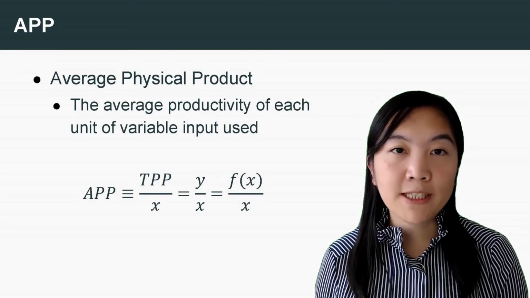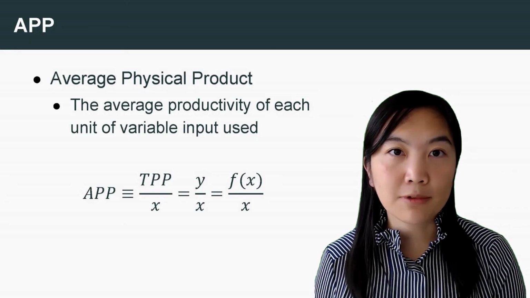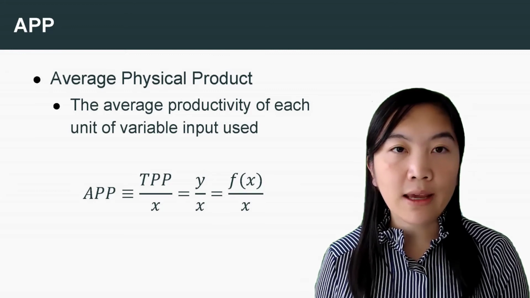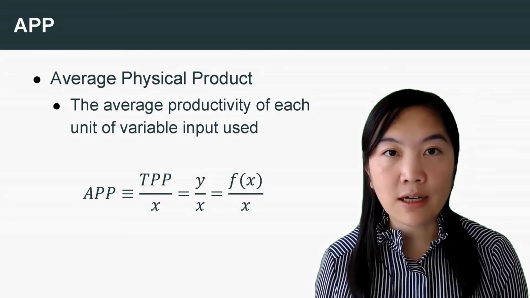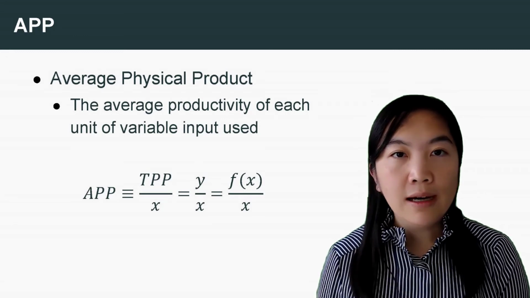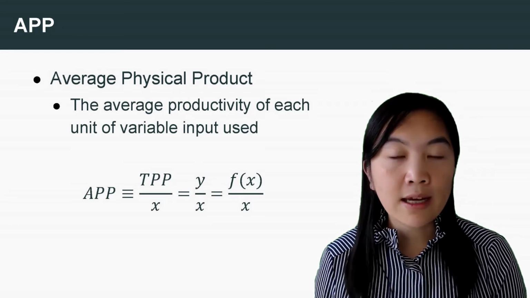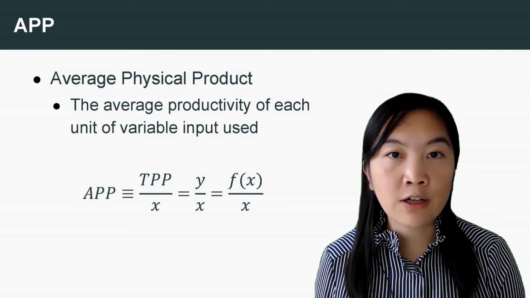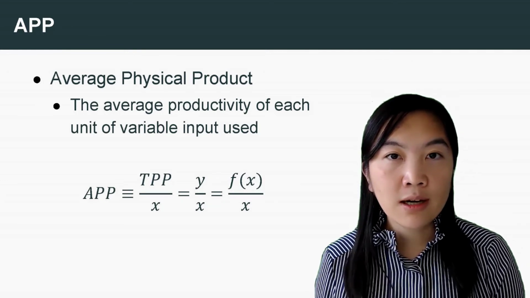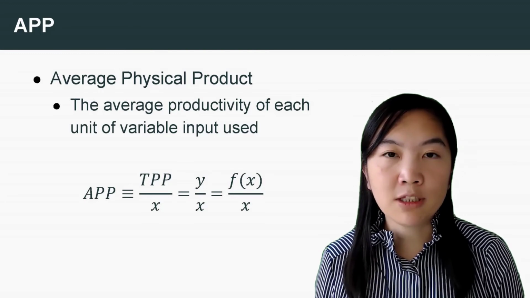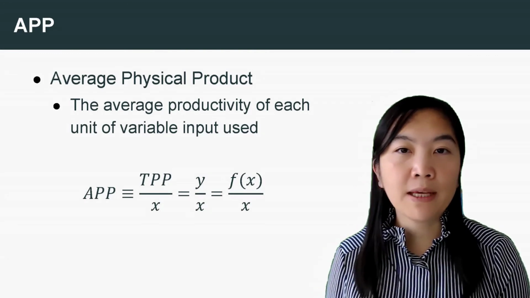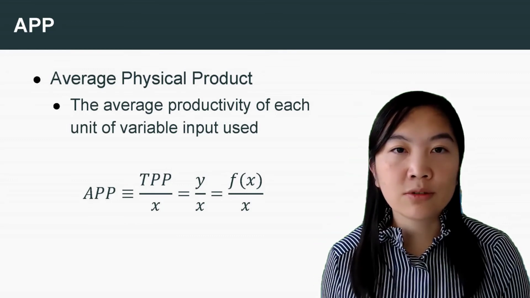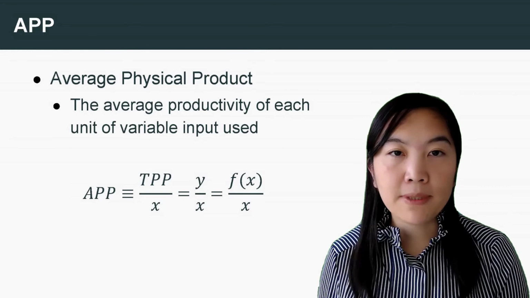APP is different from TPP in just the first word. TPP is total physical product and APP is average physical product. It is defined as the average productivity of each unit of variable input used. A lot of times you hear from news or read in papers about the productivity of something, and usually that's APP.